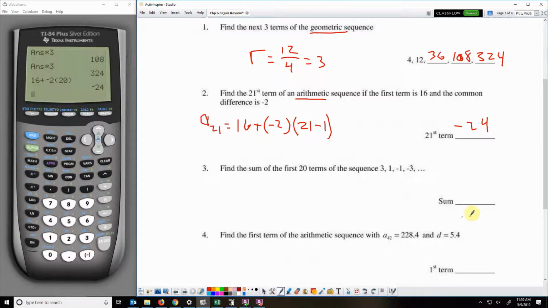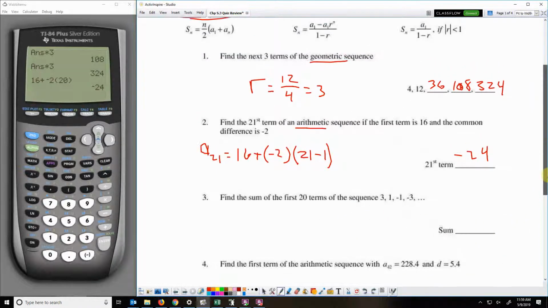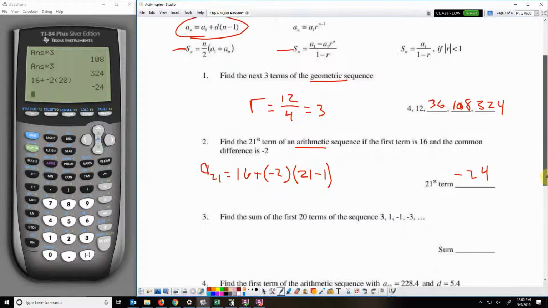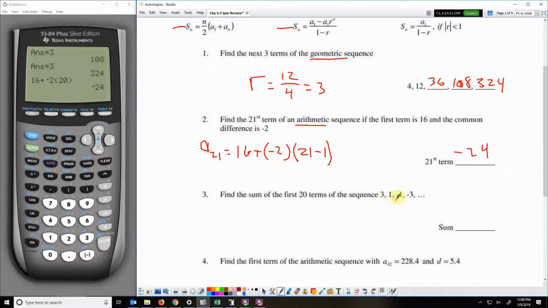Find the sum of the first 20 terms. Anytime I'm looking for a sum, it's going to be one of these two. I have to decide if it's arithmetic or geometric. So 3, 1, -1, that looks arithmetic to me. 1 minus 3 is -2. -1 minus 1 is also -2.